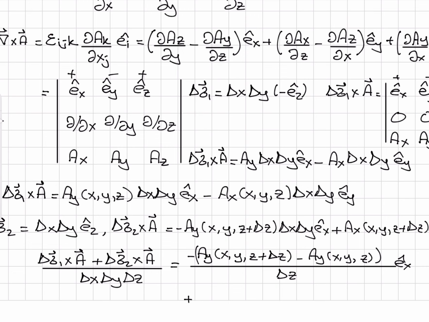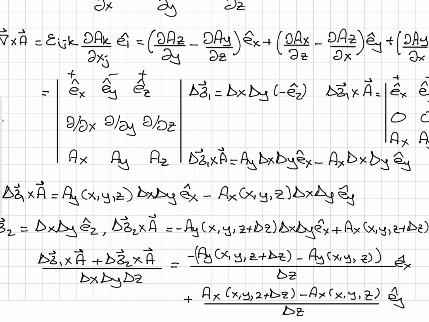And for AX, I have plus AX at XY, Z plus delta Z minus AX at XY, Z divided by delta Z in EY hat direction.